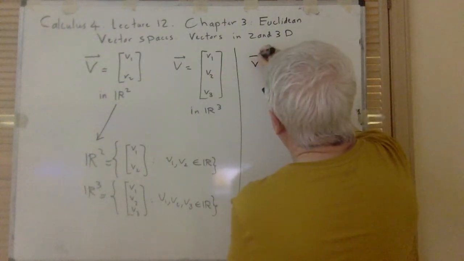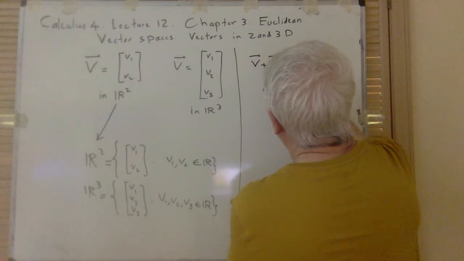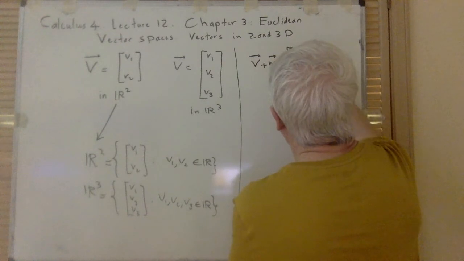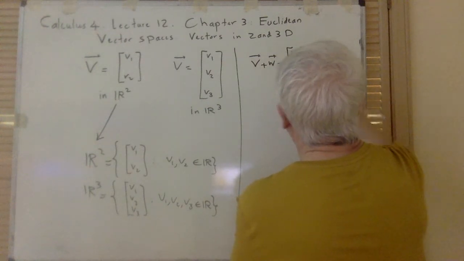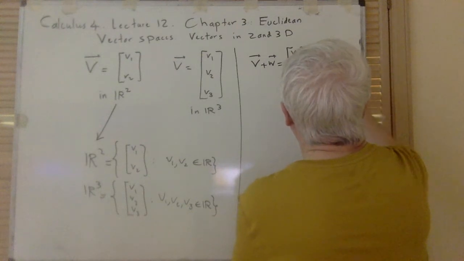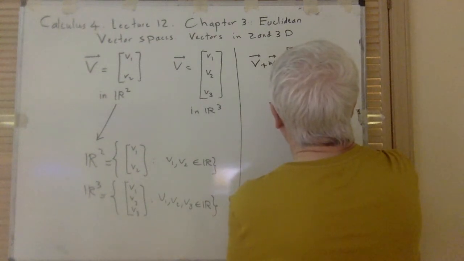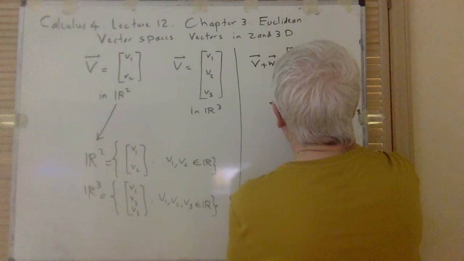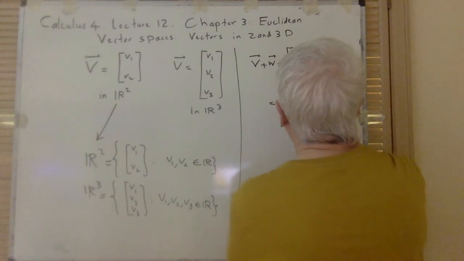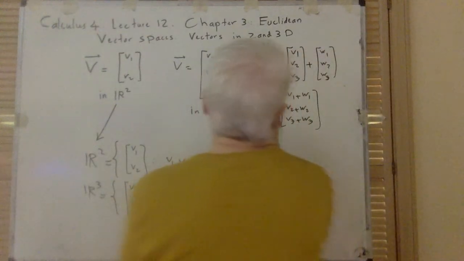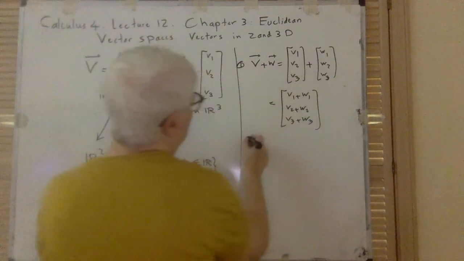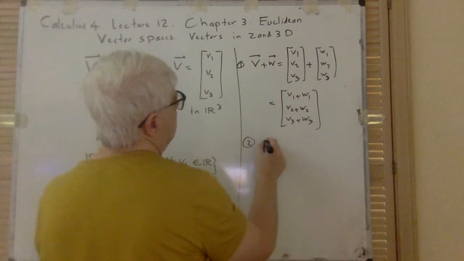V plus W is like adding the matrices V1, V2, V3 plus W1, W2, W3, and it's simply adding matrices, so it is V1 plus W1, and so on. And we define scalar multiplication.